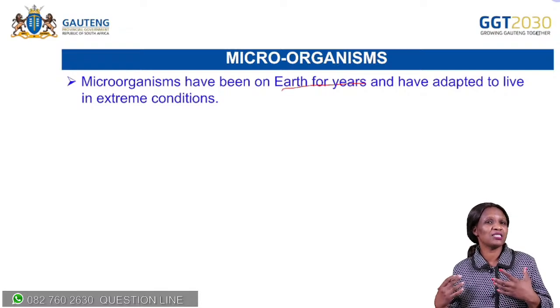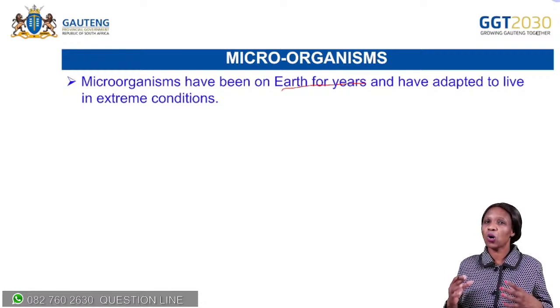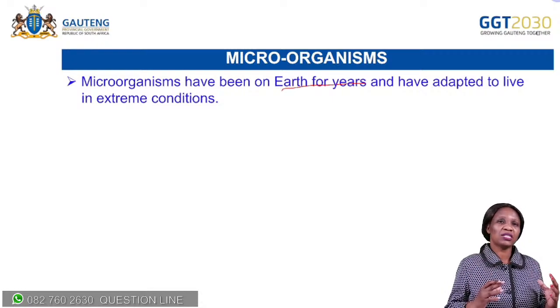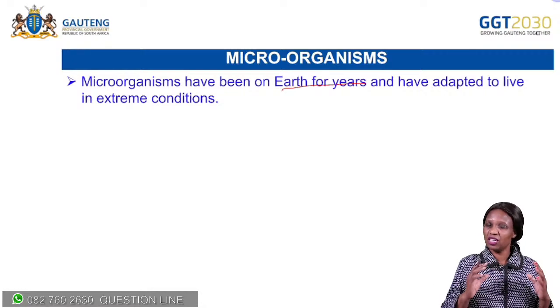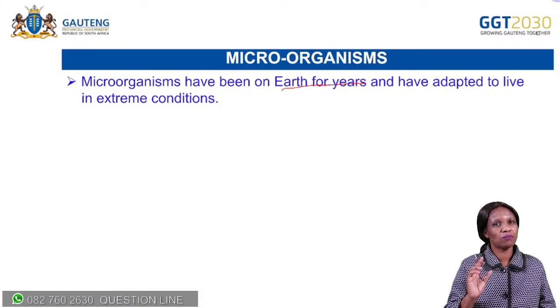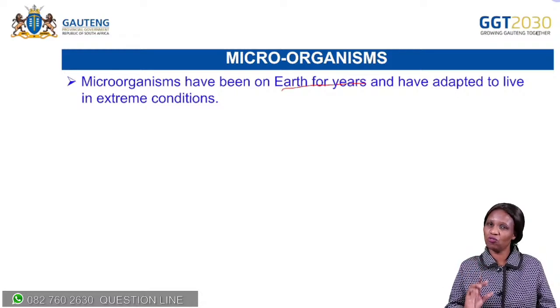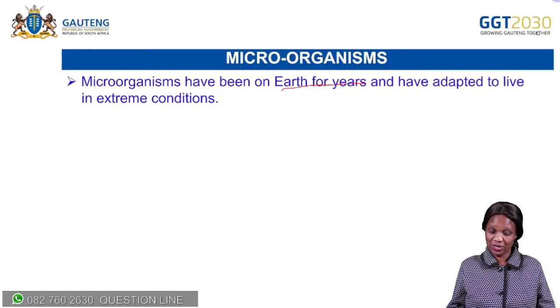They make us get sick, all right? But some are useful. Why am I saying they're useful? Because we use them to make different medicines. We use them to make different foodstuffs. Therefore, those microorganisms are useful to us. Do you get that? Good. Let's move on.